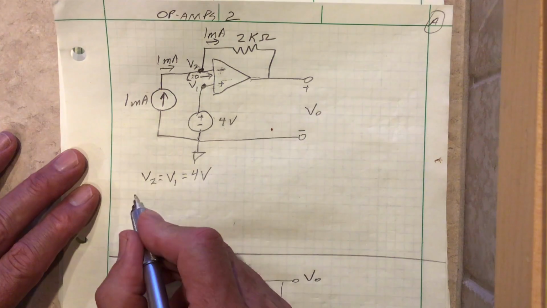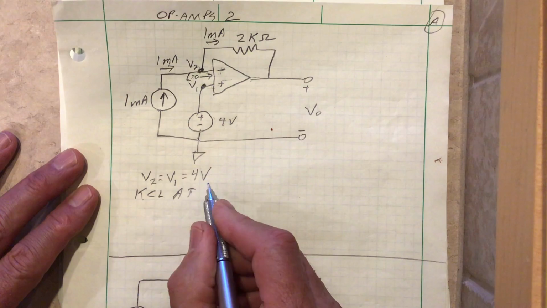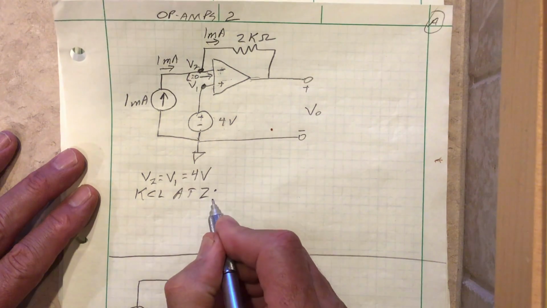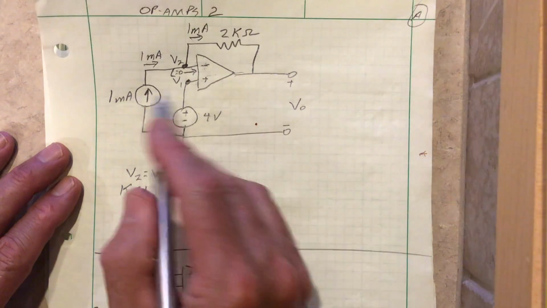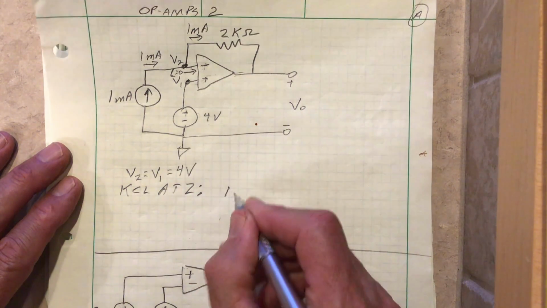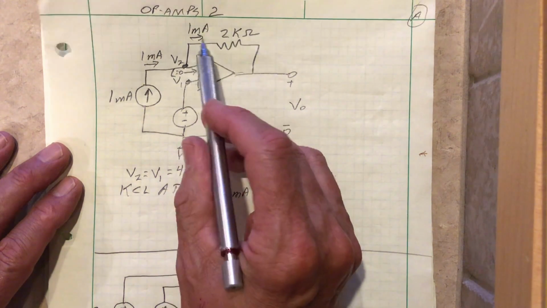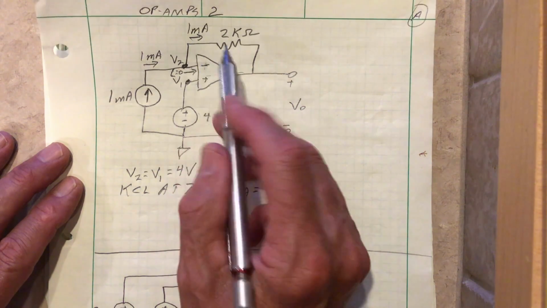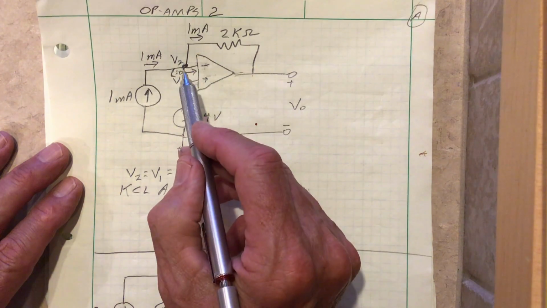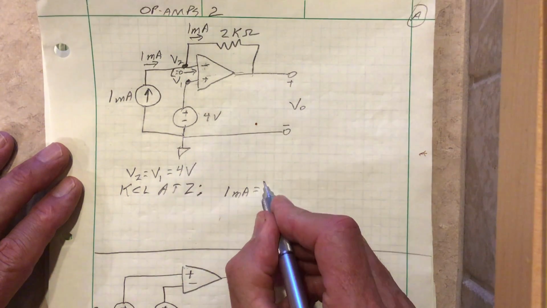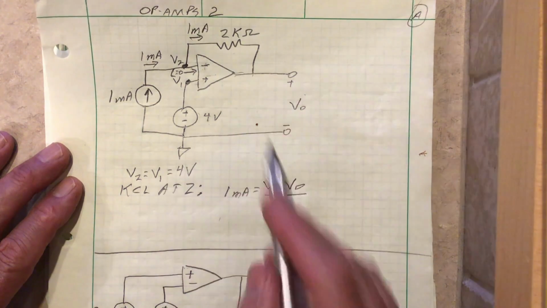All right, so let's do a Kirchhoff's current law at node 2. What does that give us? The current in, 1 milliamp, is equal to the current out, which we know is 1 milliamp, but it's also the drop in voltage over the resistance. So it'd be V2 minus V out over 2K ohms.